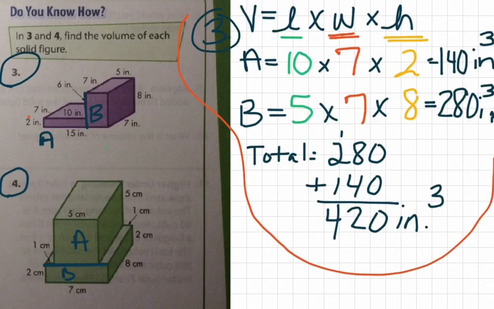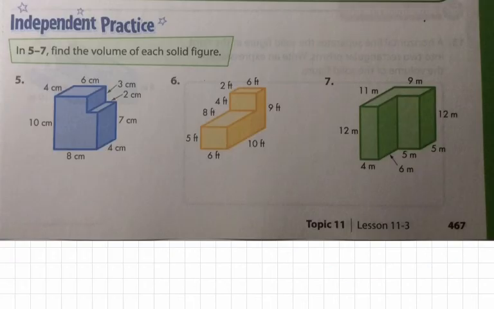I'm also going to click to the next page and show you that for 5, 6, and 7, I'm going to show you again where I drew the line, or where I thought easiest was to draw the line. So this one here, there's a small one on top and there's a bigger prism on the bottom.